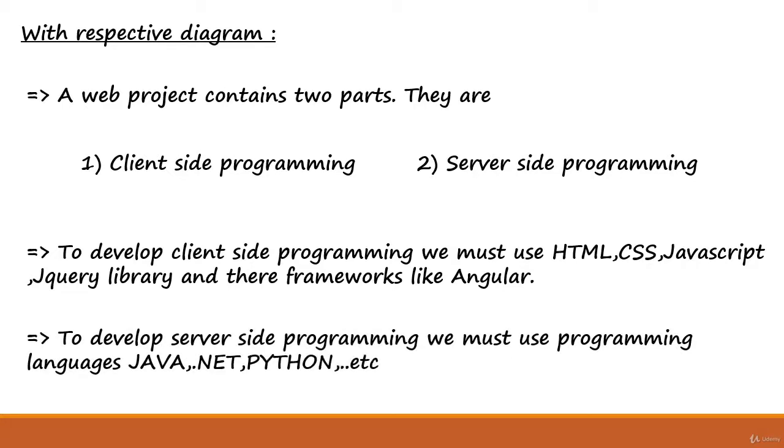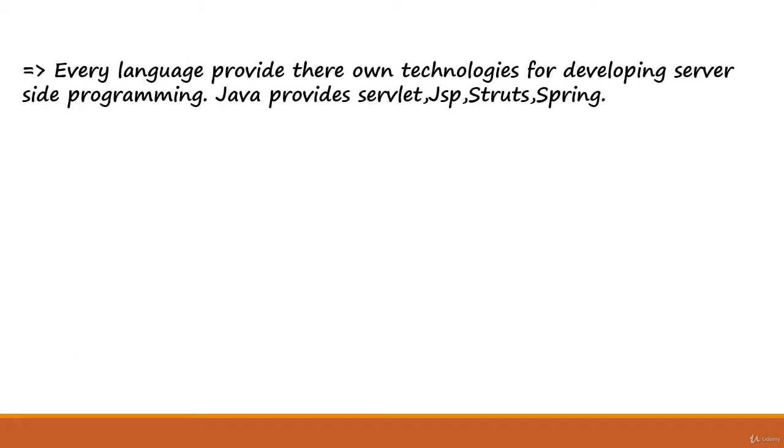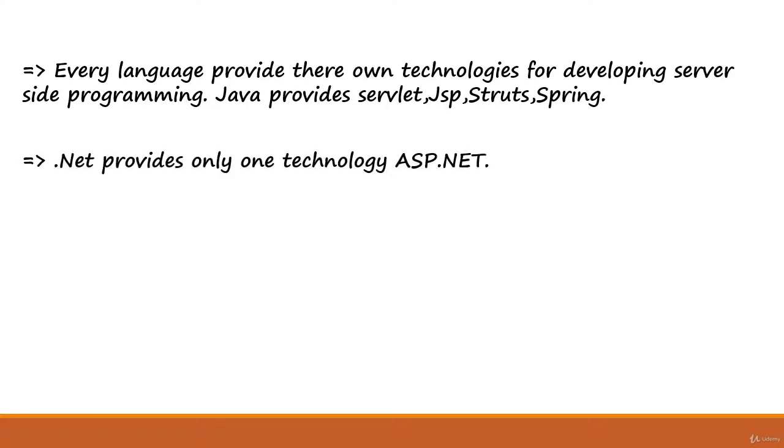To develop server-side programming, we must use programming languages like Java, .NET, Python, PHP, etc. Every language provides its own technologies for developing server-side programming. Java provides Servlet, JSP, Struts, Spring. Servlet and JSP are technologies, and Struts and Spring are frameworks. .NET provides only one technology called ASP.NET.